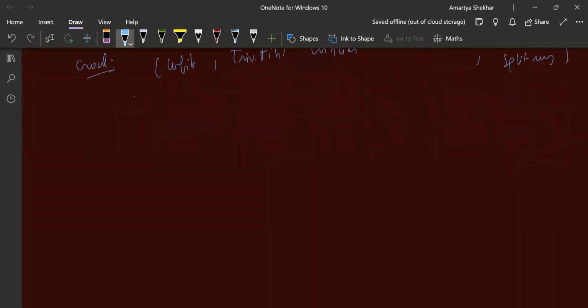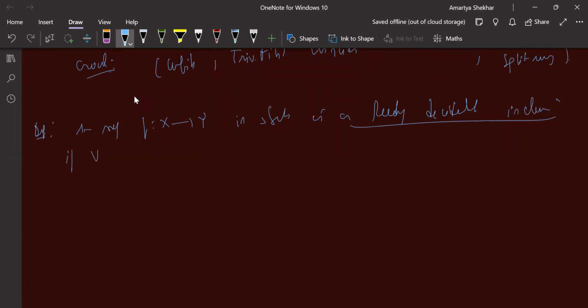Let me define a Reedy desirable inclusion real quick. A map in simplicial sets is a Reedy desirable inclusion if for all n the following is a desirable inclusion. This is the latching object that Risha talked about in one of the previous talks.